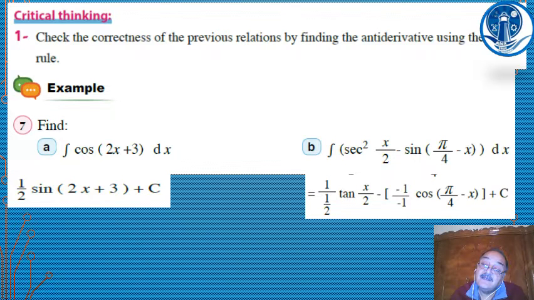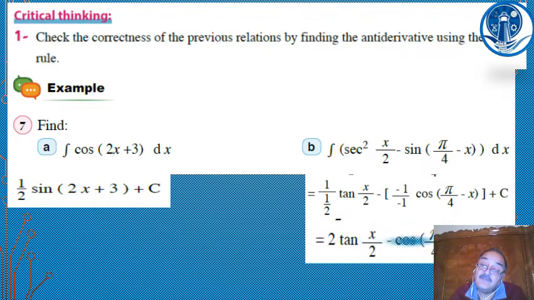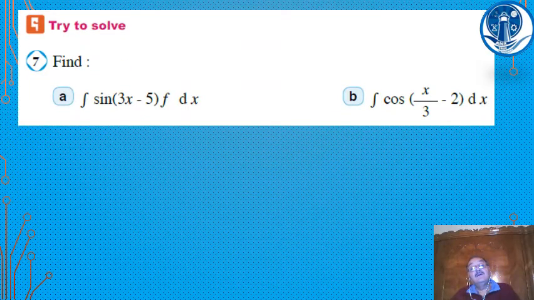The derivative of the angle is negative 1. It will be 2 tan x over 2 minus cosine pi over 4 minus x, negative 1 with my negative 1, and so on.